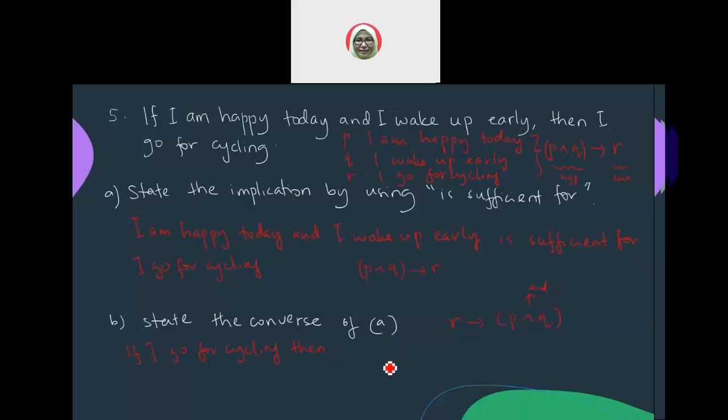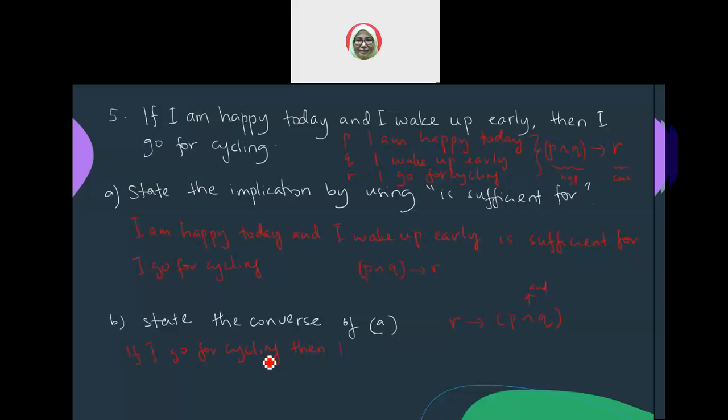When you write a statement in words, you can use the word both, but this one no need to do both, I just translate straight away.